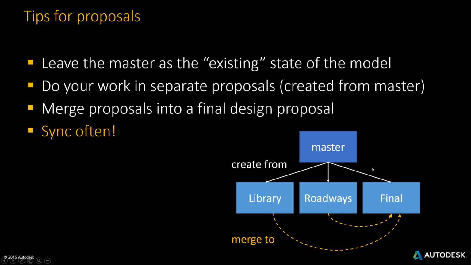This gives us a way to review it and to make sure that we're happy with the merging, and if we don't like it, we can get rid of this and our original work is still intact. And as I said, we need to sync often, we need to share out with the rest of the team, we need to communicate with the team about what we're working on so that we're not stepping on each other's work.